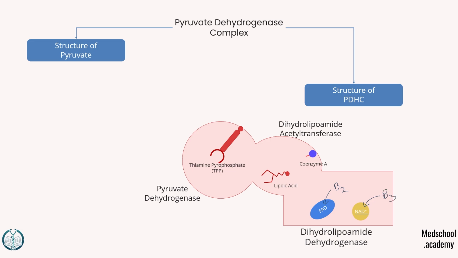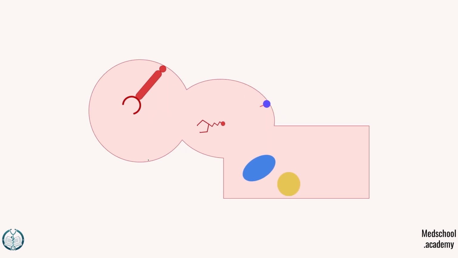Okay, so now that we're familiar with this, let's move on to the actual process. So when the pyruvate comes in, it attaches to this cofactor, which was called TPP. And as soon as it happens, it releases a carbon, and now it goes from pyruvate to hydroxyethyl TPP.